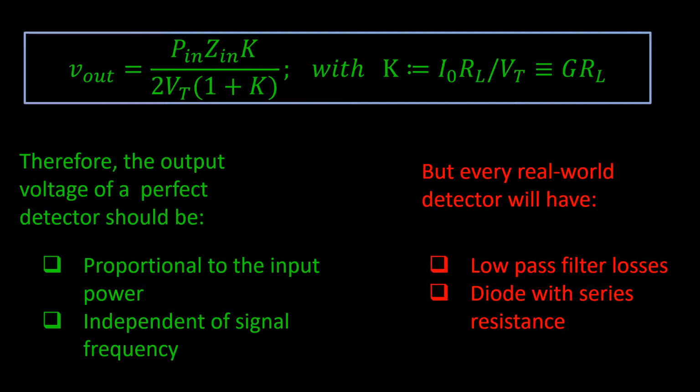This resistance produces a voltage drop that depends on the current. Therefore, one needs to solve the diode equation for the current with a voltage term in the exponential that depends on the own current. This means a self-consistent approach. And of course, we also would need to access the diode of the detector in order to measure its series resistance, and this is not always possible.